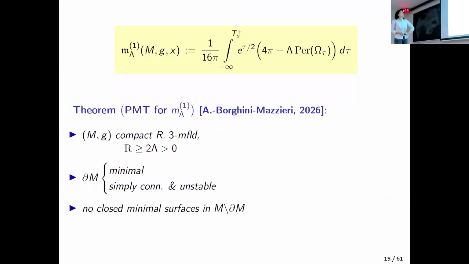So suppose that you have a compact three-manifold with the scalar curvature bounded below by 2 lambda positive, and suppose that the boundary is minimal and it is simply connected and unstable. And also suppose that there are no other closed minimal surfaces in M minus the boundary. Consider that these are exactly equivalent to the conditions of the positive mass theorem proved by Schoen-Yau.